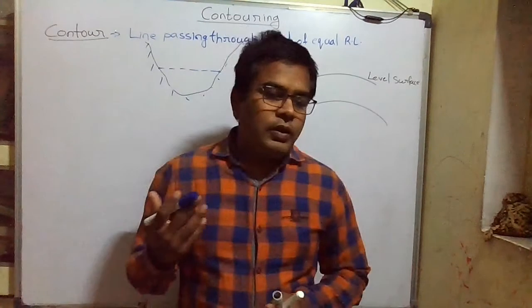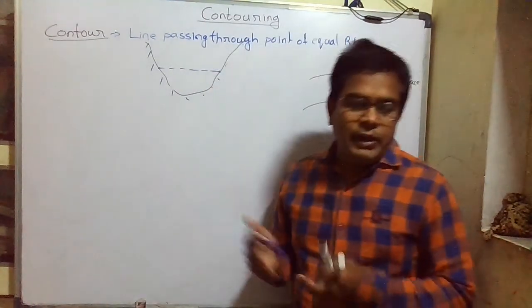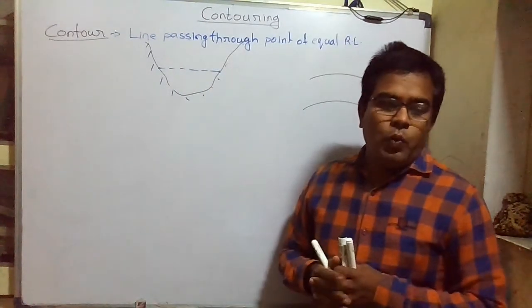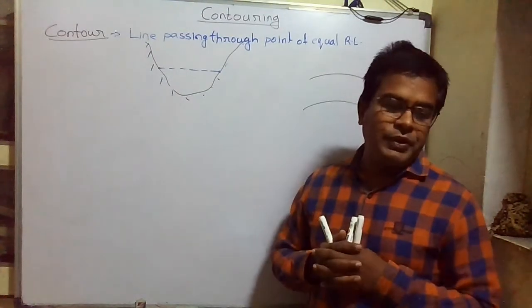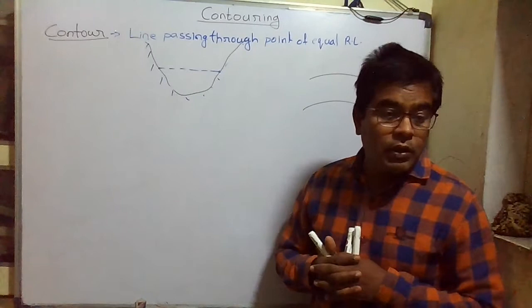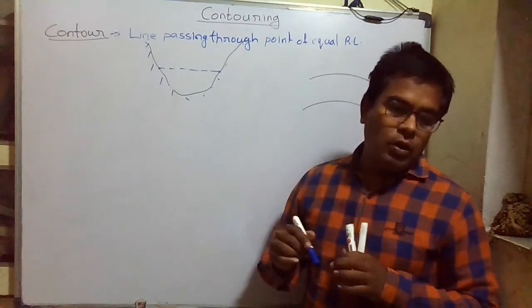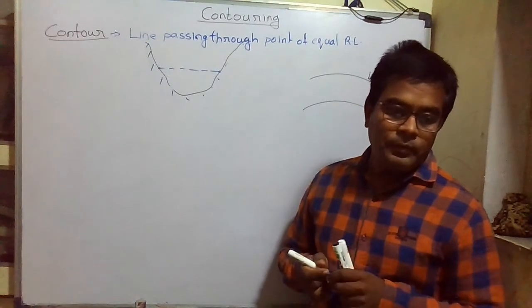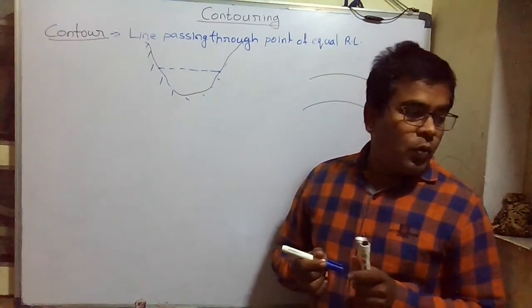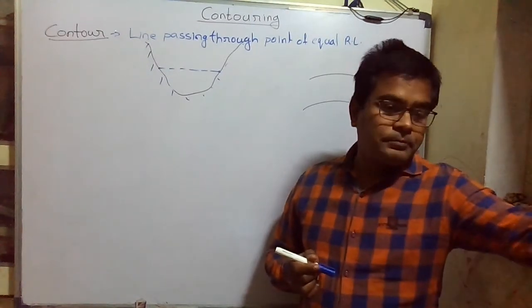Now, to get a clearer idea about contouring: in leveling we find out the RL of different points, and in contouring we draw lines passing through the same RL. So what is the need for that?